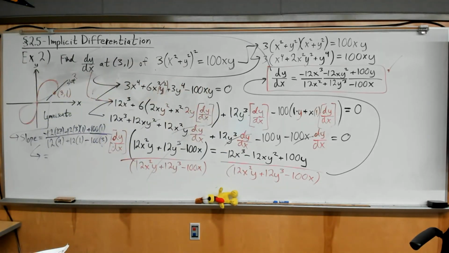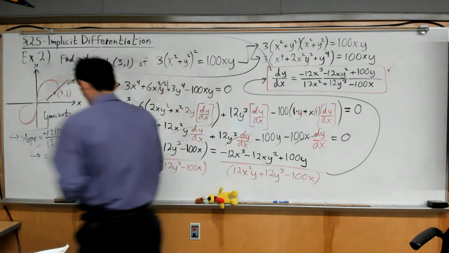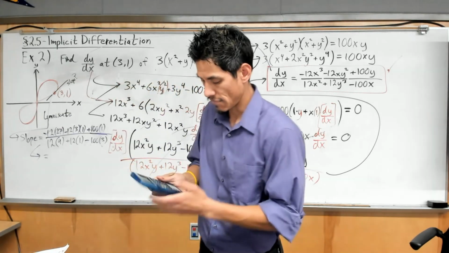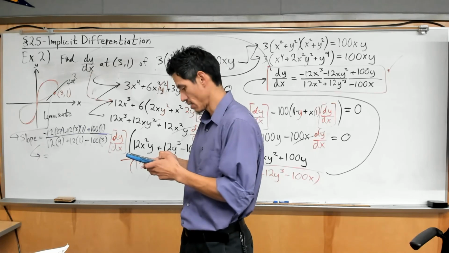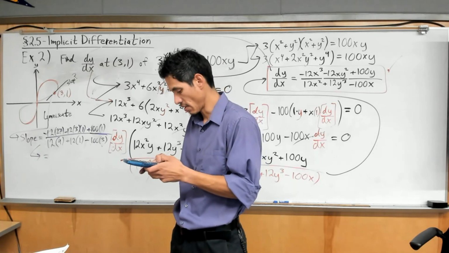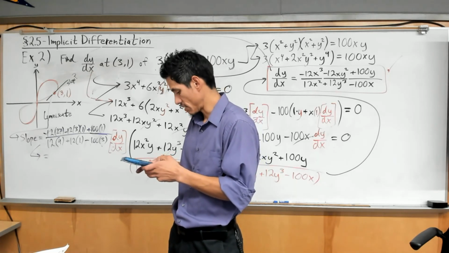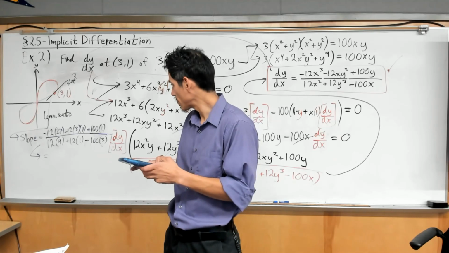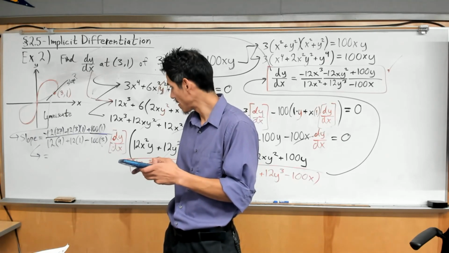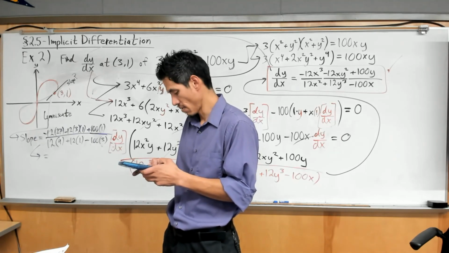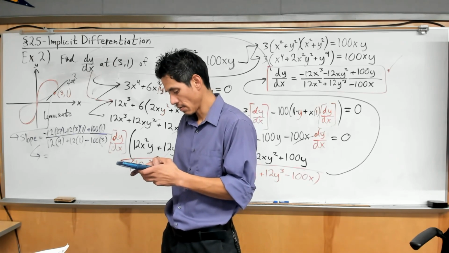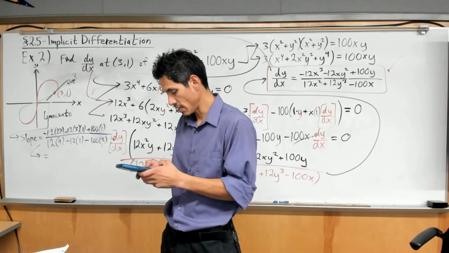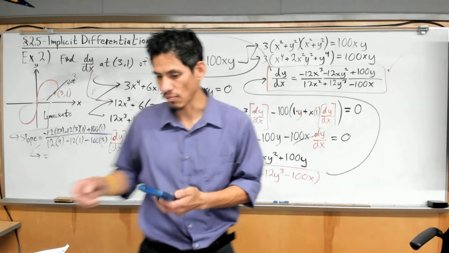All right, I gotta use my special calculator. Negative 12 times 27 minus 36 plus 100 gives negative 260, and 12 times 9 is 108 plus 12 minus 300 gives negative 180.